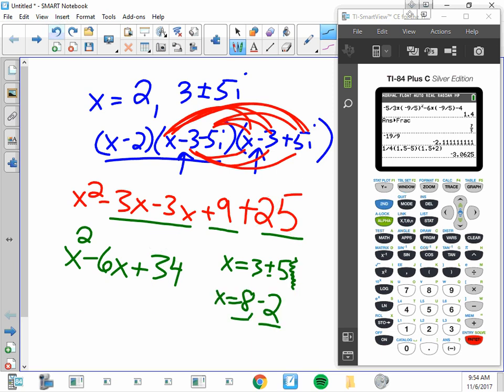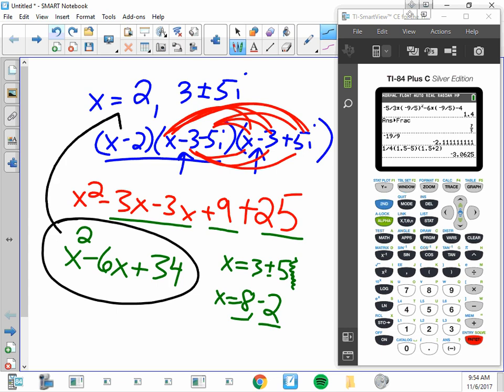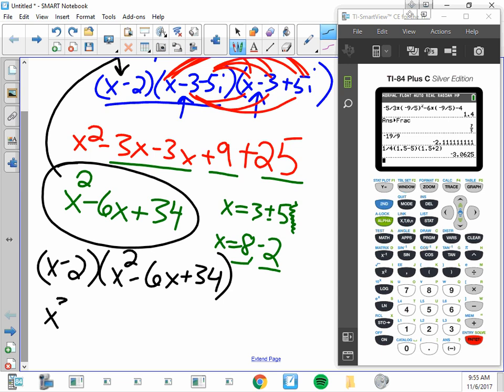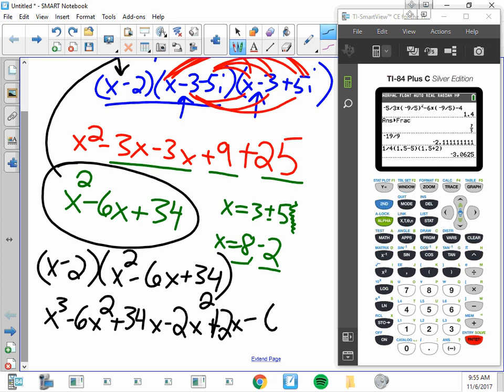All right. Now I need to take this, and I need to multiply it by that term. X minus 2 times x squared minus 6x plus 34. X to the third minus 6x squared plus 34x minus 2x squared plus 12x minus 68.